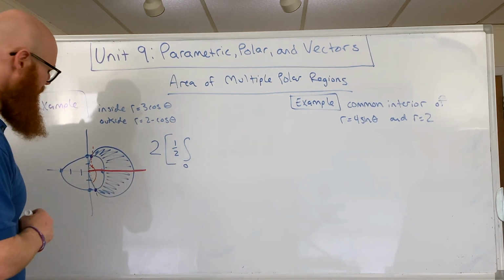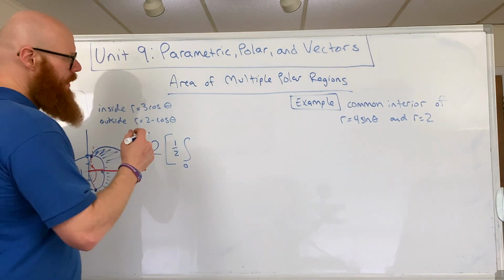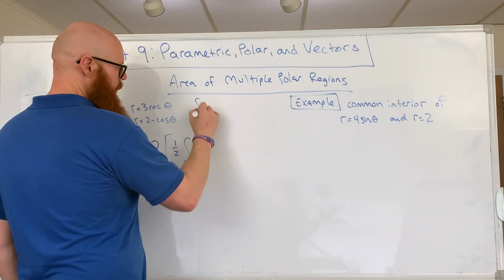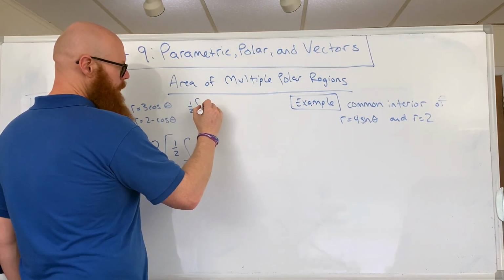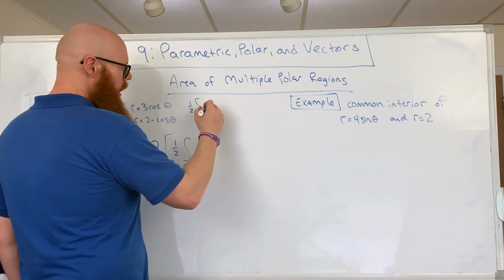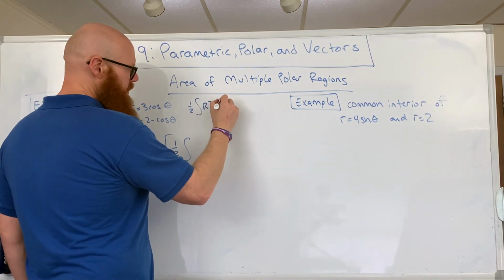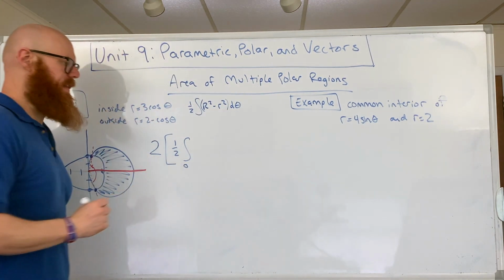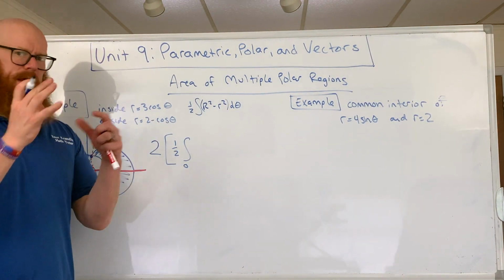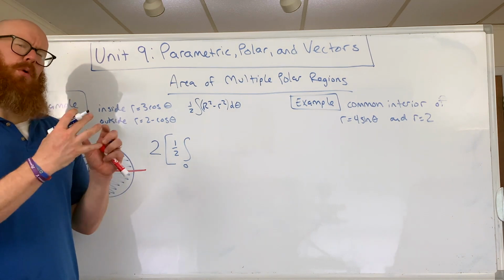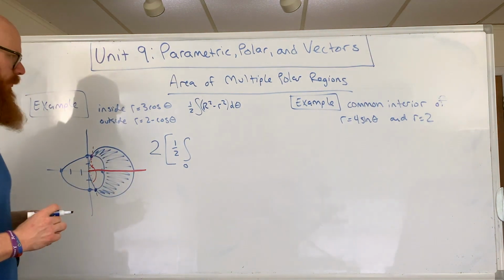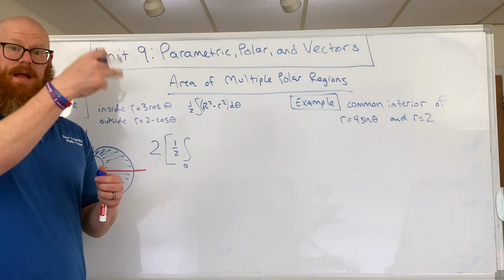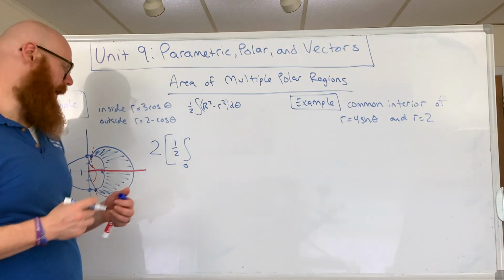So it's going to be 1/2, and instead of it being r squared, it's going to be big R squared minus little r squared, and then d theta. That's the same concept of the big one minus the small one, but we're just putting them in one integral. Instead of 1/2 big R squared minus 1/2 little r squared, we're factoring out the 1/2.